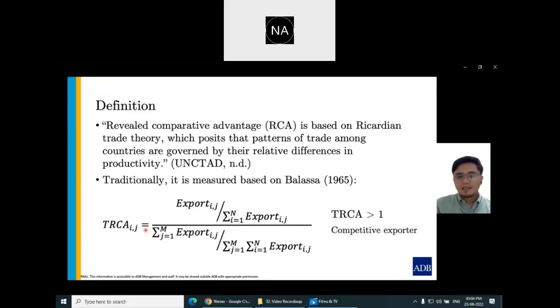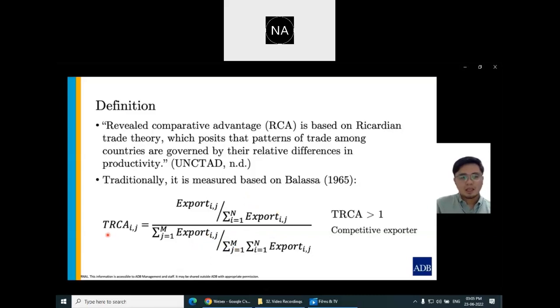Here, we show the formula in calculating for TRCA, and TRCA is simply calculated as the ratio between the two shares, this share and this share. The first share is the share of an economy sector's gross exports in the economy's total gross exports, while the second share is the sector's gross exports from all economies as a share of the world's total gross exports.